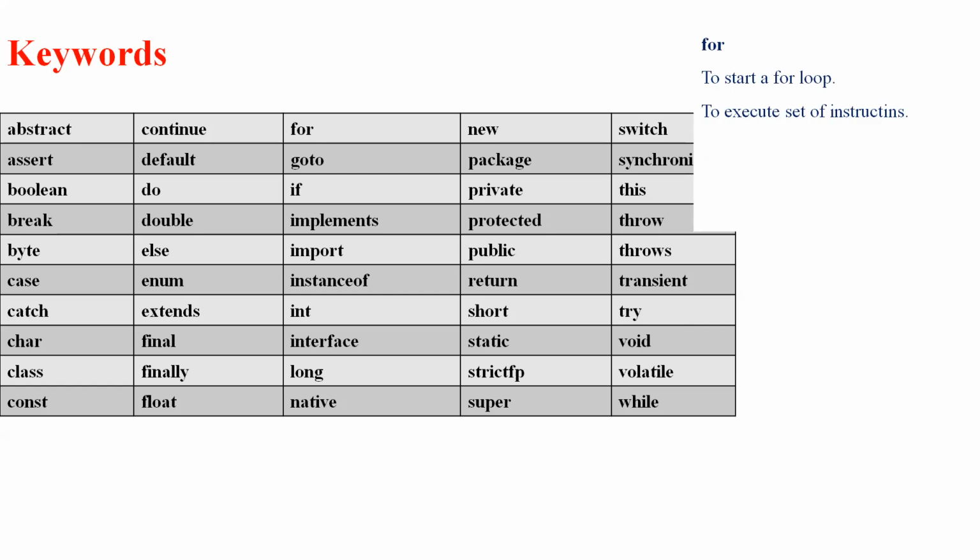Inside a for loop, we execute three different statements: the initialization condition, then the iteration, and then we also check the condition.